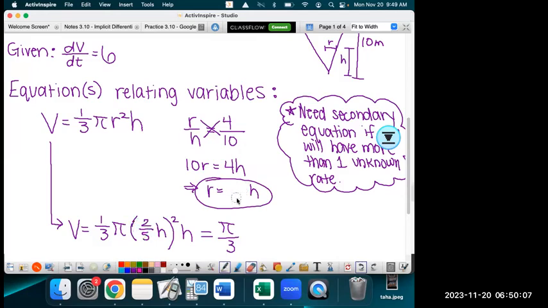Yeah, I'll do that. That way I can make that 4/25. And then our final expression will be 4 pi over 75 h cubed.